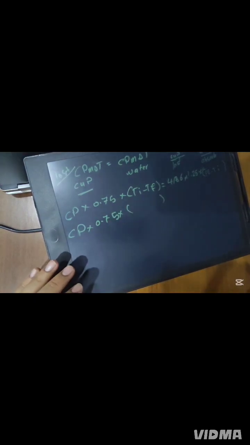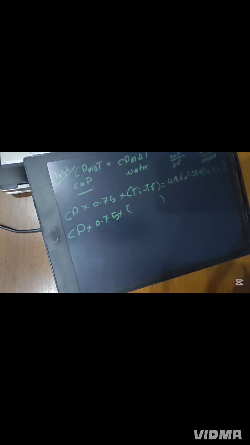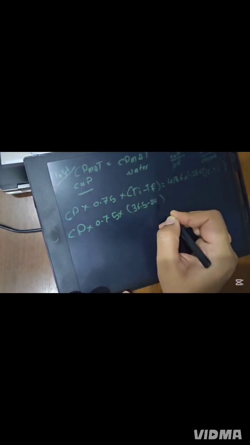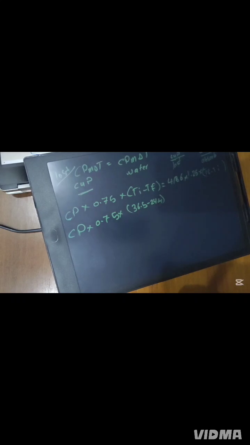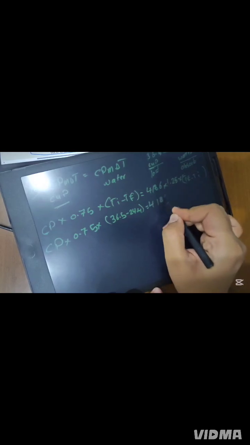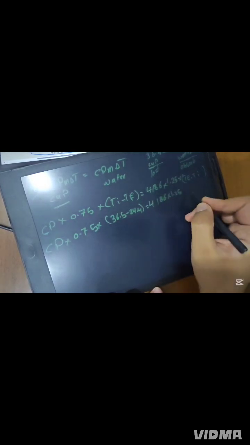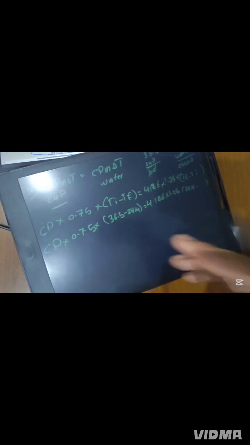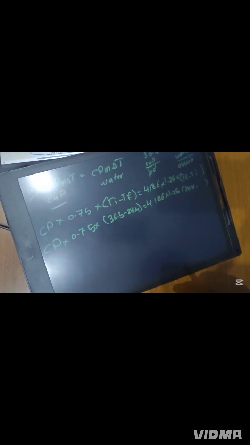The Ti of the cup was 36.5, and the Tf for both of them was 24.4. So 36.5 for the cup. Good. On the right side, 4186 times 1.25, times Tf, which is 24.4, minus the initial temperature Ti of the water, which was 20.